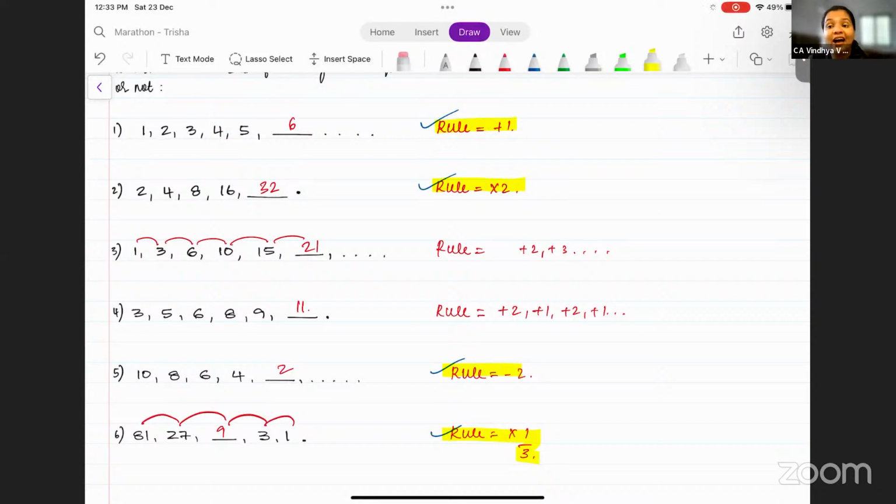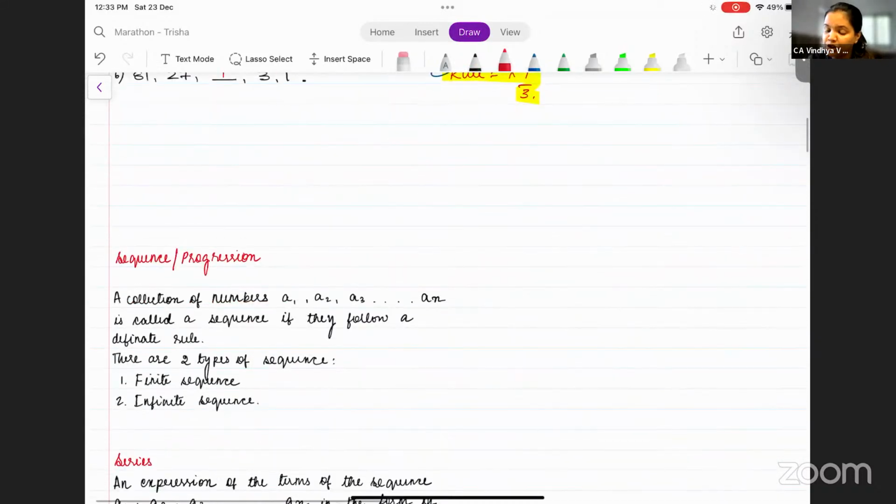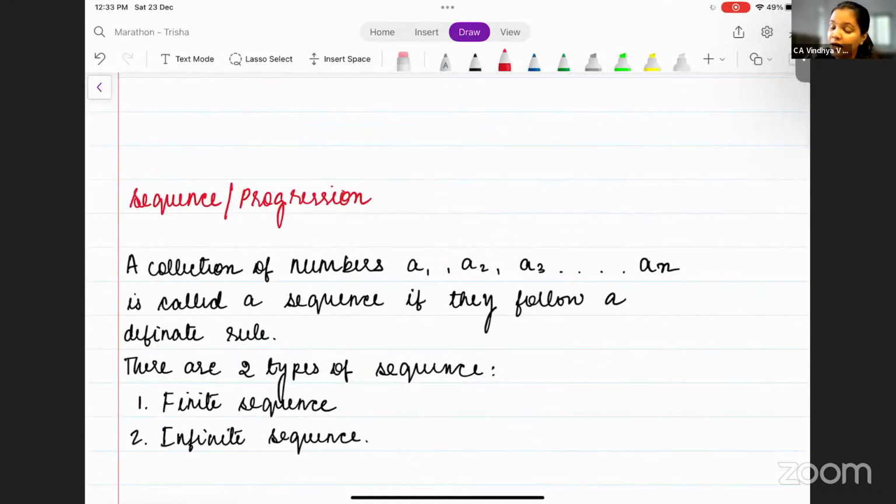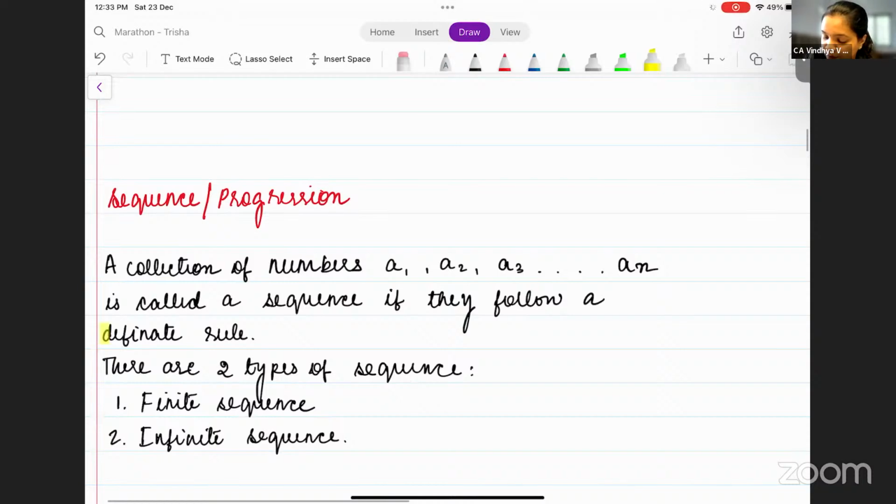Which means a sequence is a collection of numbers which follows one rule. Now, these two particular examples are not a sequence. Why? Because there are more than one rule. Is this clear till here? So what is a sequence? A sequence is a collection of numbers which follows a definite rule.